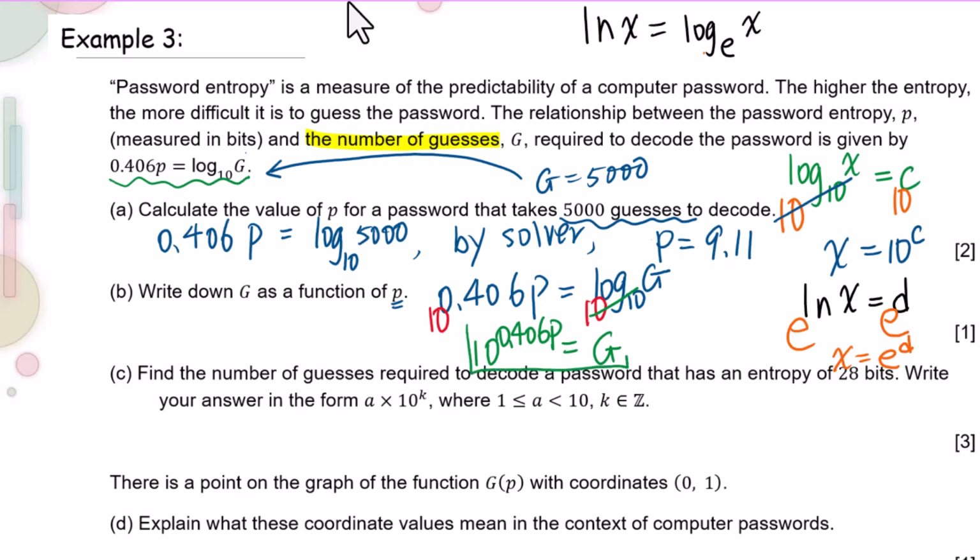This is the function we are looking for. Let's go to C. Find the number of guesses required to decode a password that has an entropy of 28 bits, which means P equals 28.